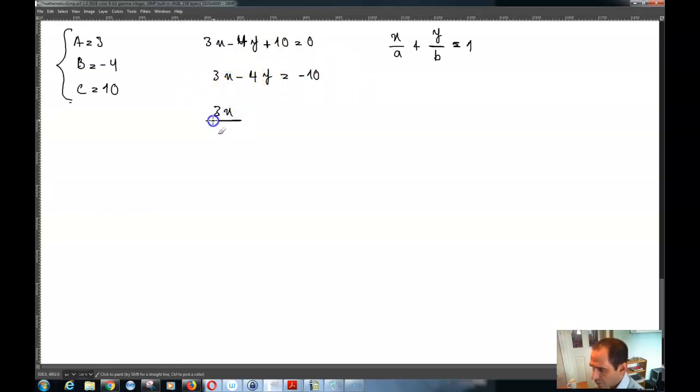So 3x divided by 12 minus 4y divided by 12 is equal to negative 10 divided by 12. And so you would get a 4 in the denominator, you would get the 3 in the denominator, and over here you would get 5/6. So now what you have is x divided by 4 minus y divided by 3 is equal to negative 5 divided by 6.